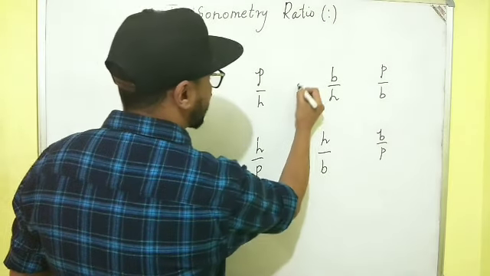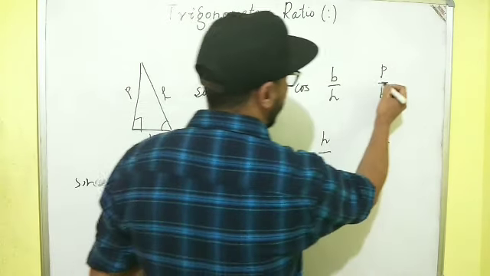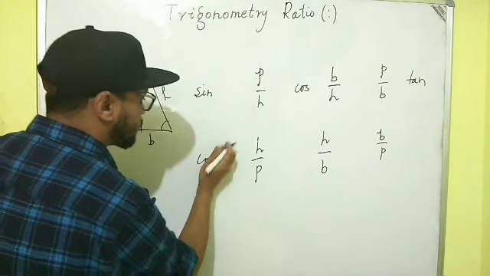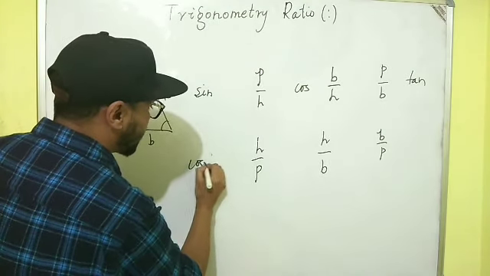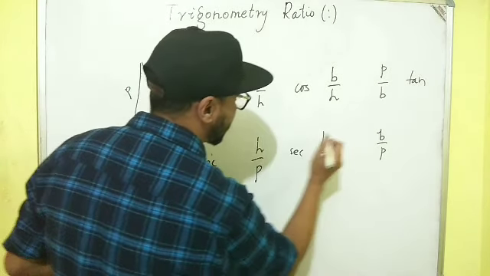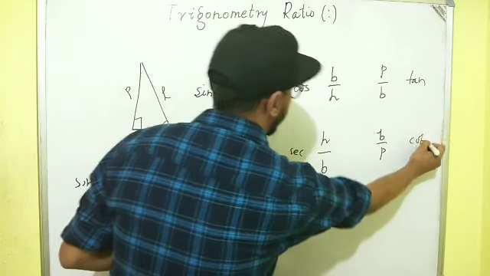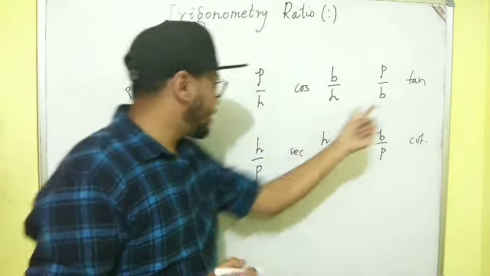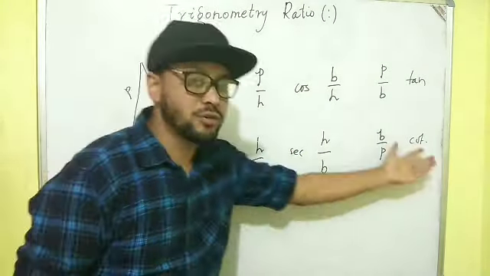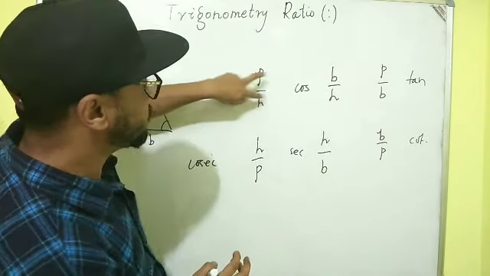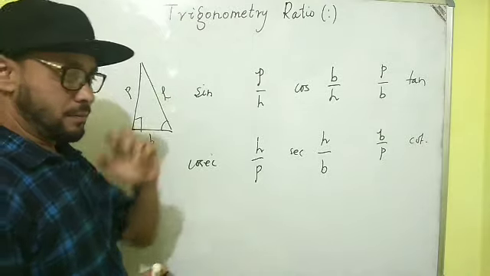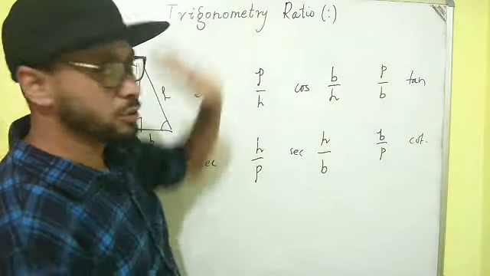Then another one is cos, then we have tan, then cosec, sec and cot. Now this sine, cos, tan, cosec, sec and cot help to represent the trigonometric ratios of the sides of a right angle triangle. So this is called trigonometric ratio.